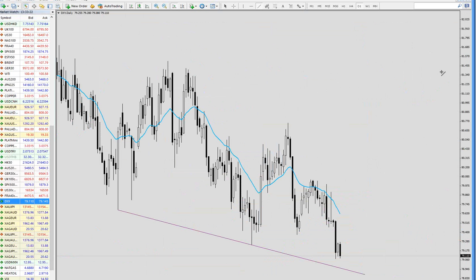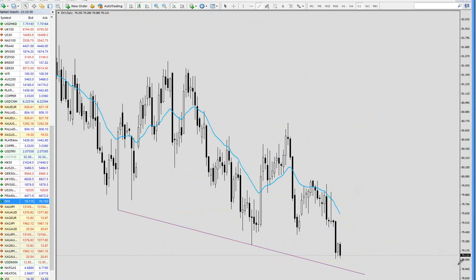Let's start with a few words about the dollar index. Unfortunately, on this platform that's the full history of the price action, I can't see more to the left side. There is definitely no doubt about it.